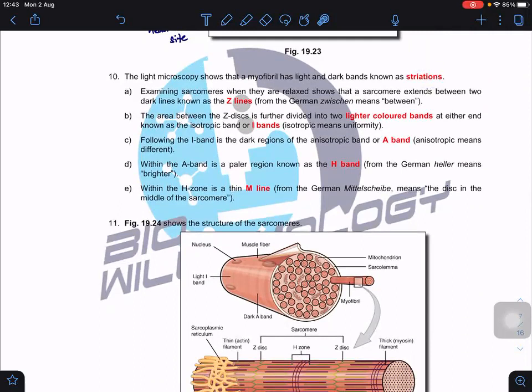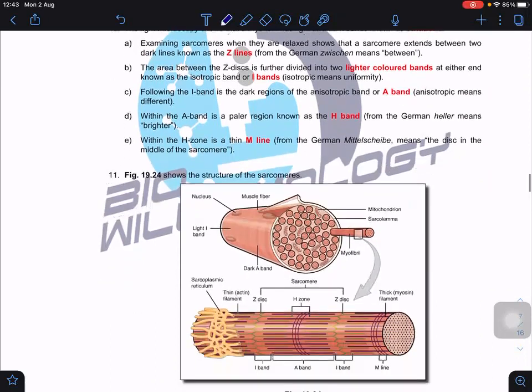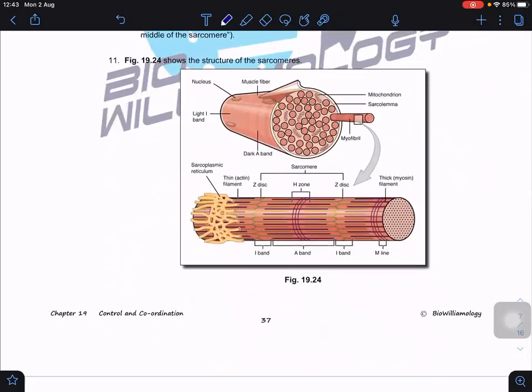Examining the sarcomere when relaxed, it extends between two dark lines known as the Z lines. Z means between. Okay, so if you look at this, I'm going to draw it out now. So this is the sarcomere. The entire thing is known as the sarcomere.